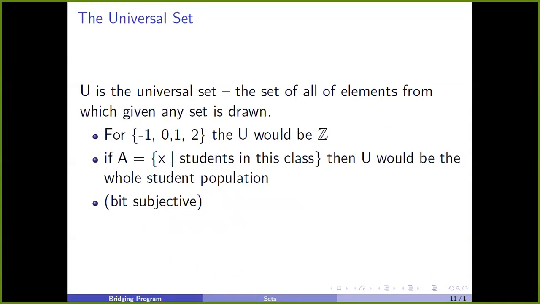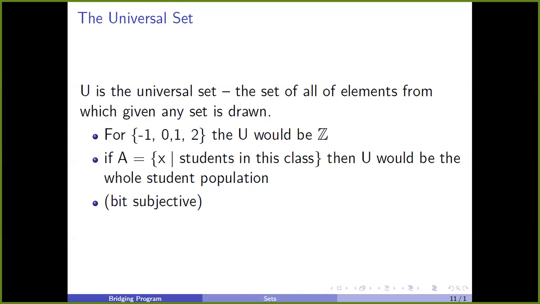Right. Another definition that I want to do is the universal set. Usually you denote it with the capital U, and that means all the elements that are there in the set that you draw your set from. Right. So this is a little bit subjective.